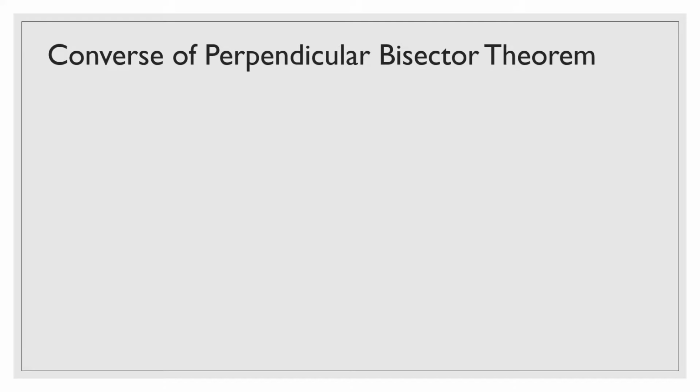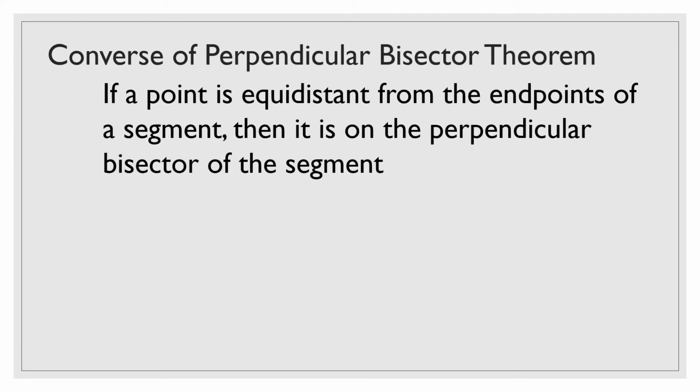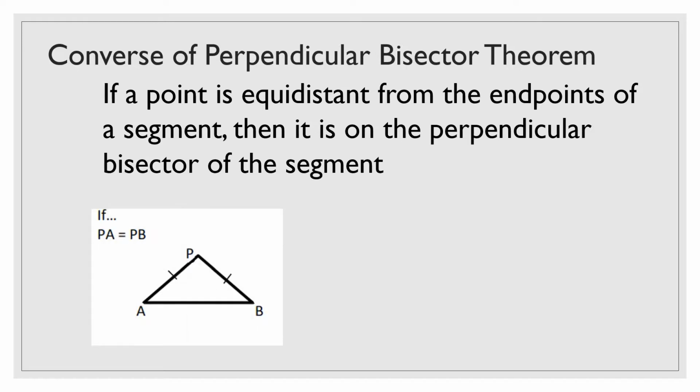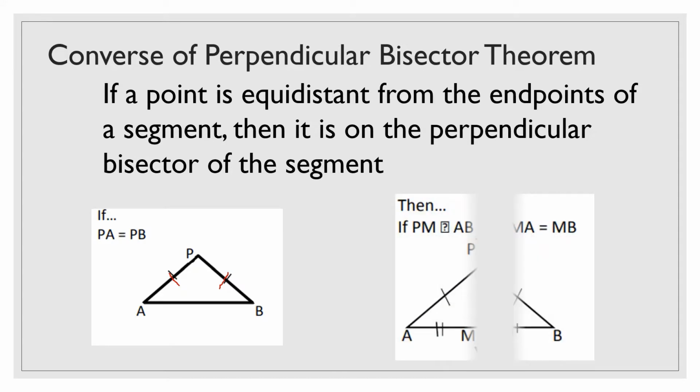Ano naman ang converse of perpendicular bisector theorem? If a point is equidistant from the endpoints of a segment, then it is on the perpendicular bisector of the segment. So in the illustration, kapag PA ay congruent sa PB, anong magiging conclusion natin dyan? Then, okay, it is on the perpendicular bisector of the segment.